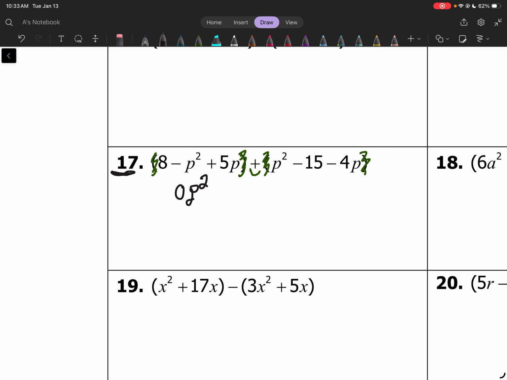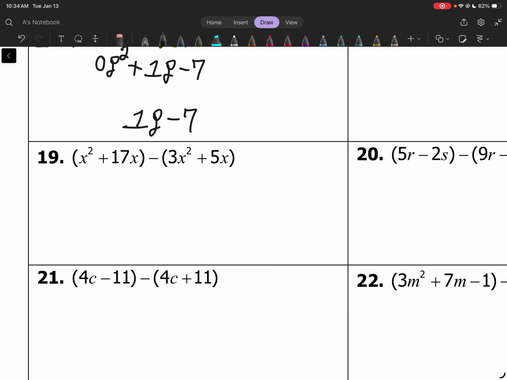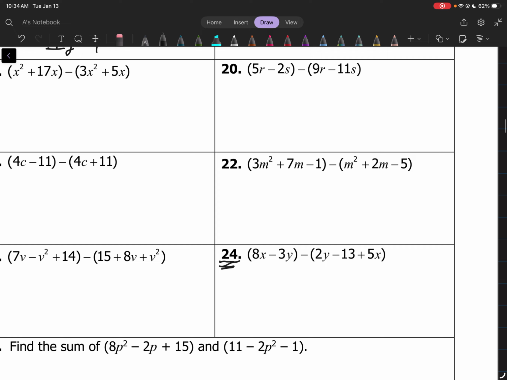I have a plus 5p, no, that's negative 4p. 5 minus 4 is 1, so plus 1p. And then 8 minus 15 is negative 7. My final answer is 1p minus 7. And no, the 1 is not needed if you don't want to write it.